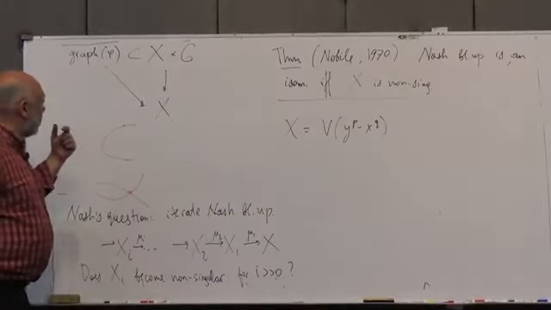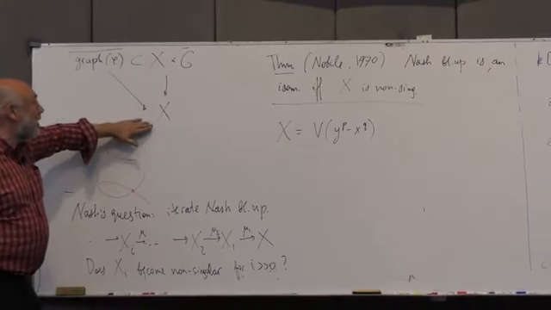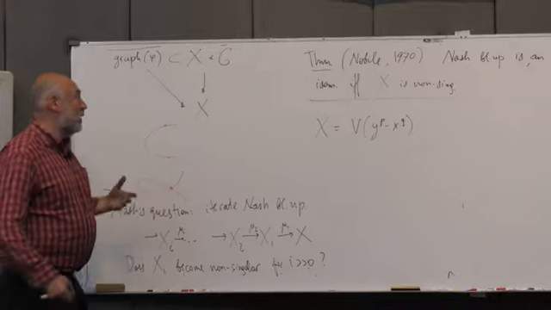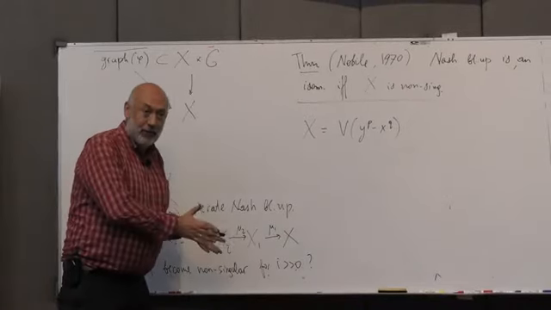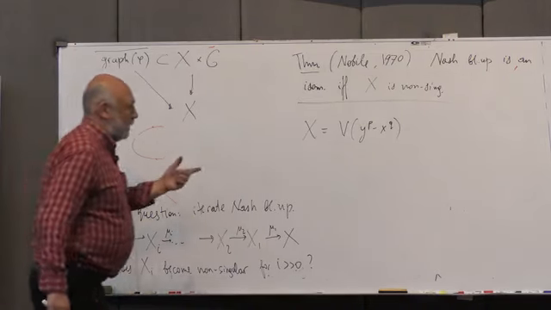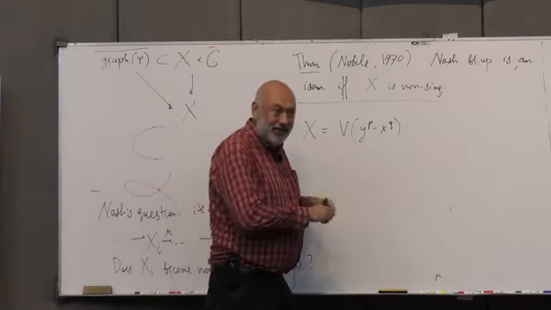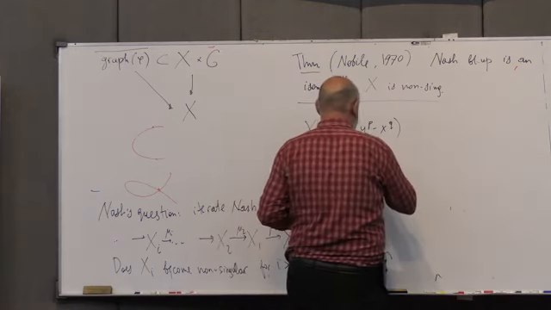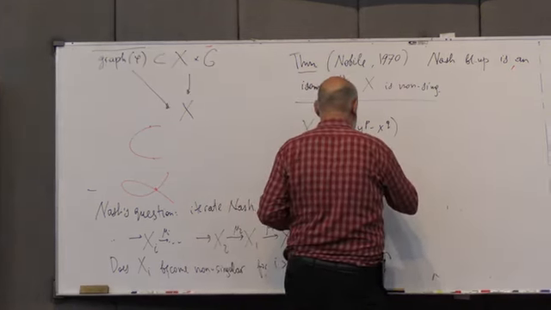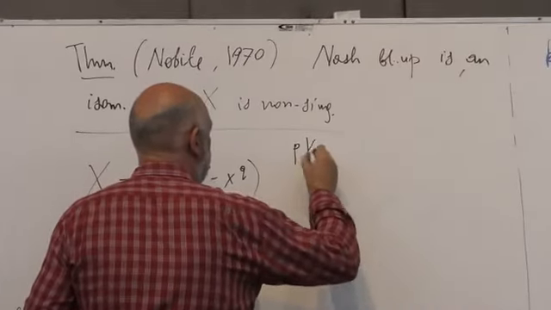So if X happens to be a complete intersection variety, this is more for experts in algebraic geometry, then Nash blowing up is the same as blowing up the Jacobian ideal that I was talking about earlier, okay? So that's true in all characteristics. So here, let's compute the Jacobian ideal. The Jacobian ideal is just q, so let's say p doesn't divide q.